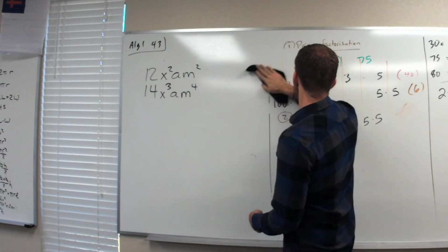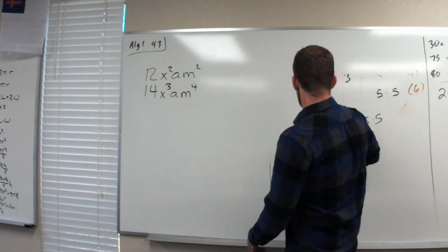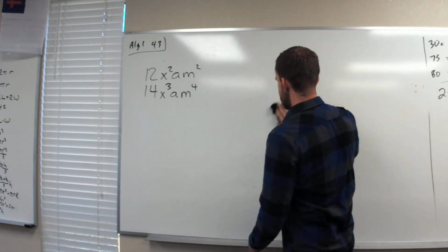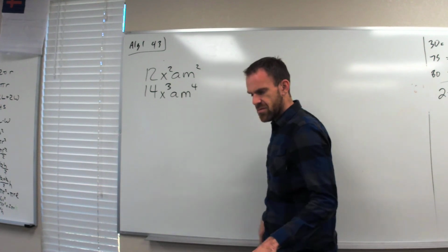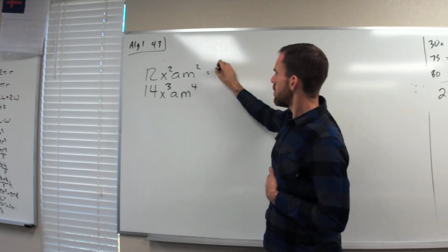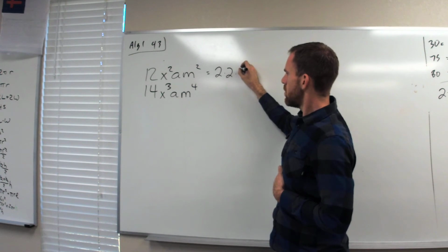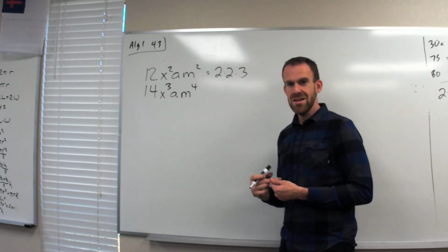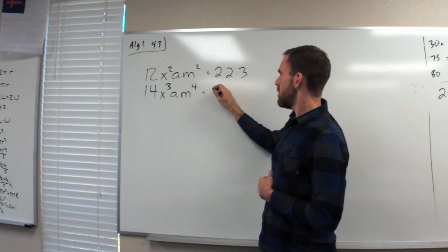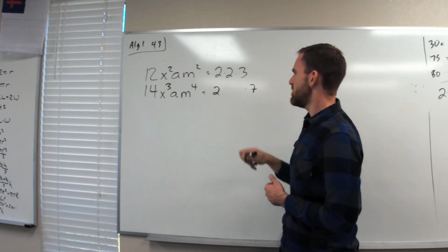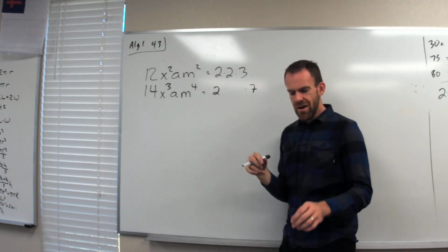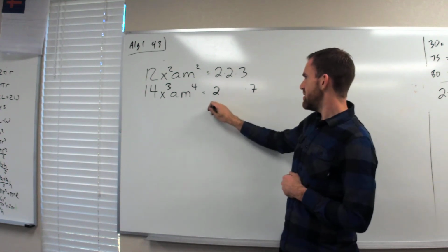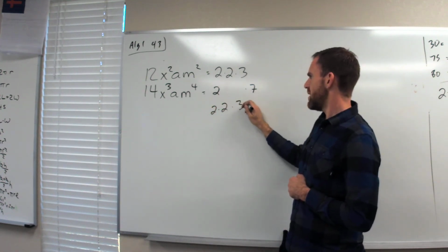So, how do we make 12? Come on, guys. How do you make 12? It's 2 times 2 times 3. How do you make 14? 2 times 7. So already, I know my answer is going to need a 2, a 2, a 3, and a 7.